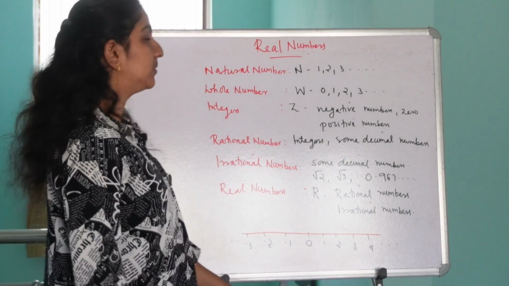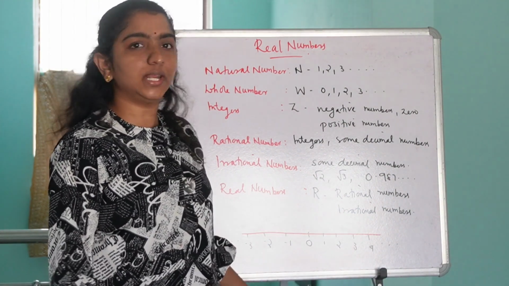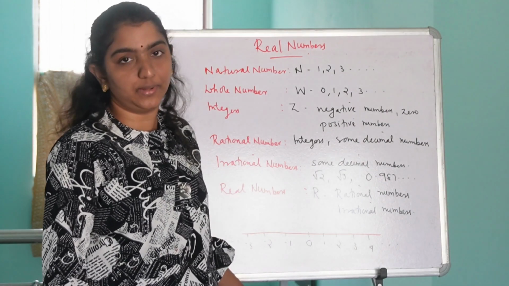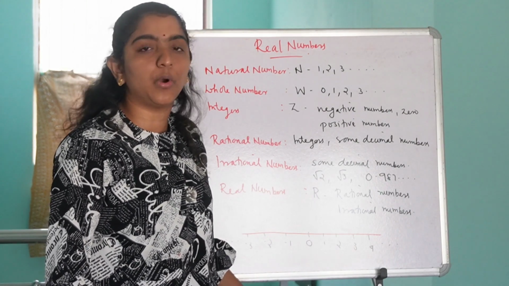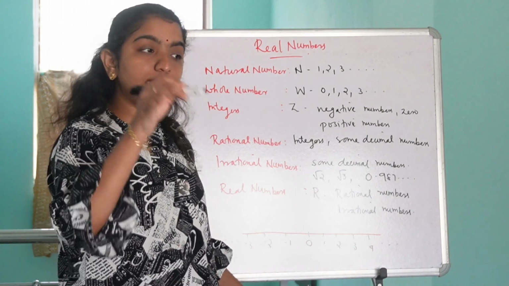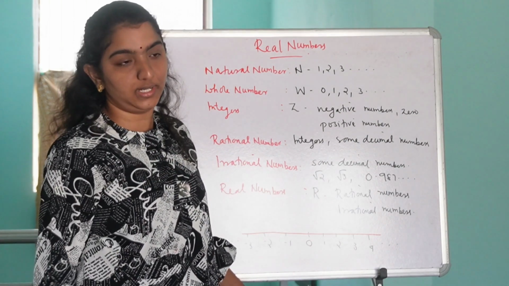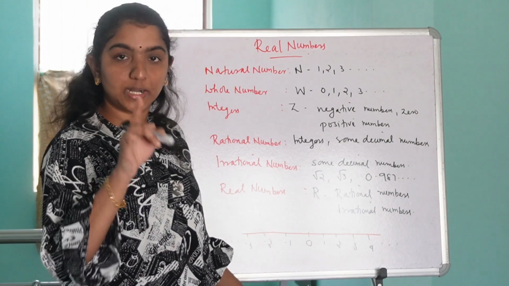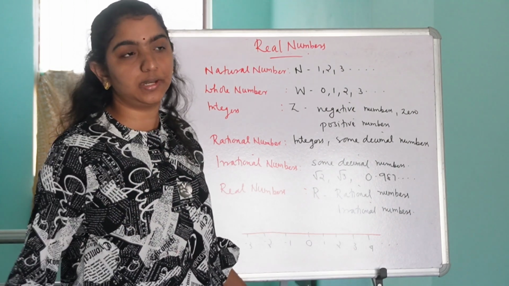Yes. So we can say every real number represents a unique point on the number line, and every point on the number line represents a unique real number.